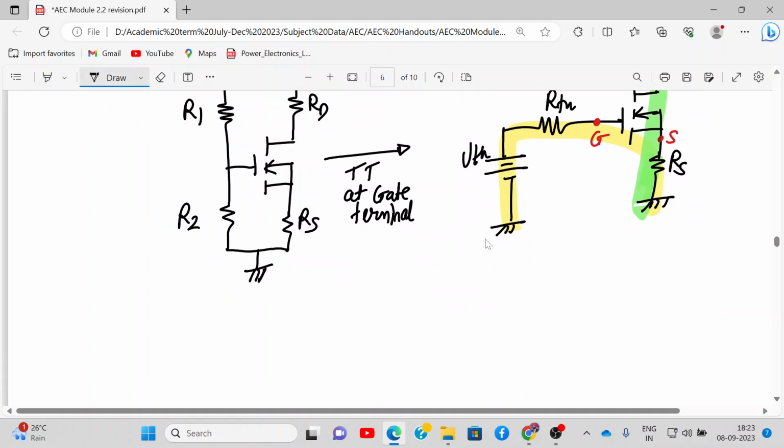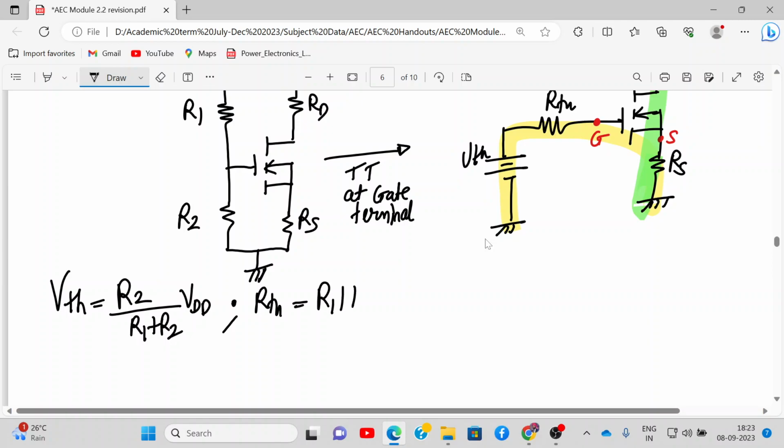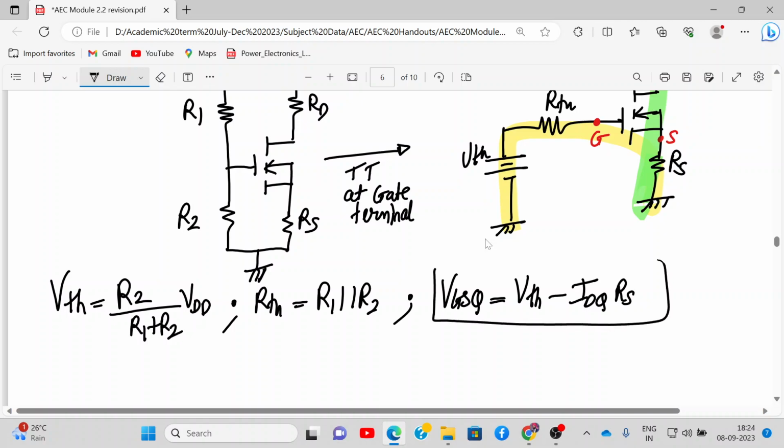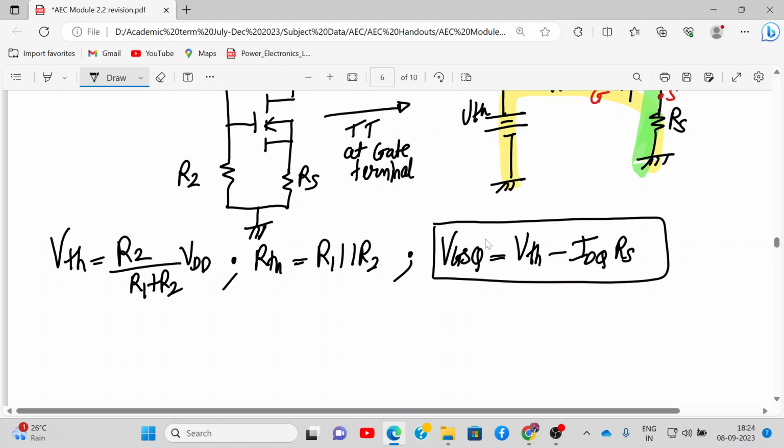I am directly writing the expressions. VTH is R2 upon R1 plus R2 into VDD. What is RTH? R1 parallel to R2. What is VGSQ? It will come same: VTH minus IDQ into RS. We can check it out. But what is different is this: in depletion type, the formula for IDQ was different.